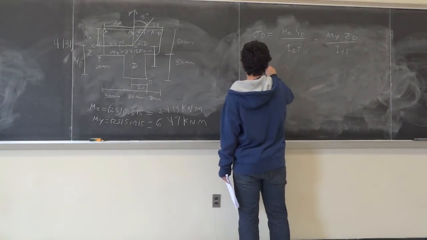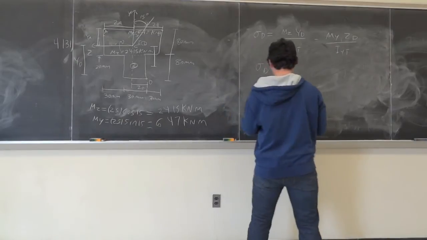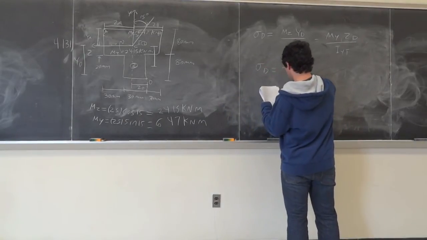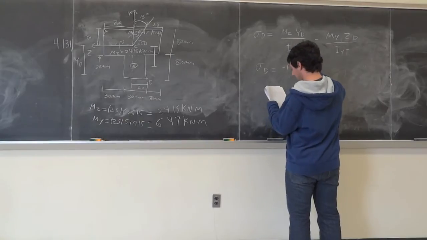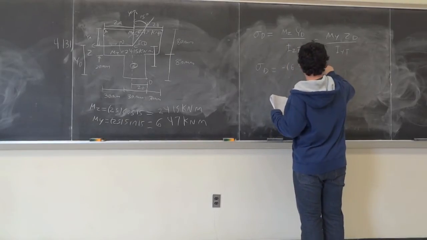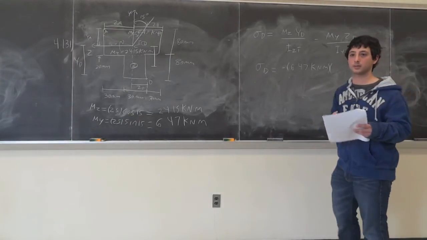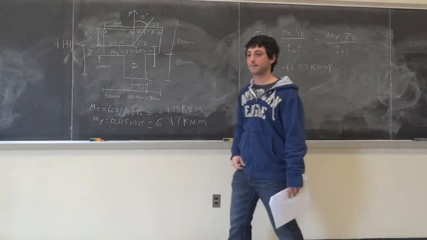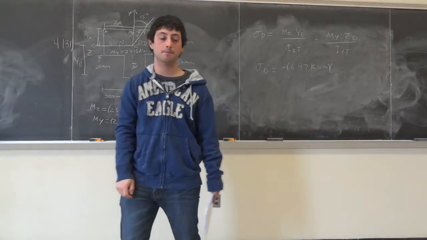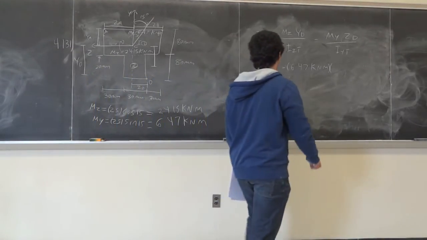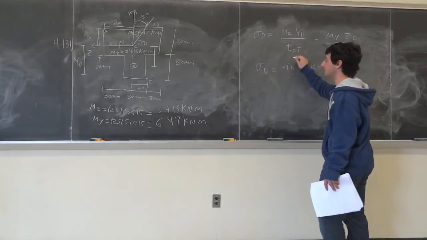Alright, so sigma d is equal to, let me just fill in the values, minus 6.47. Why is the first over Izt and the other one over Iyt? Oh, because this is the total moment of inertia around the z-axis.